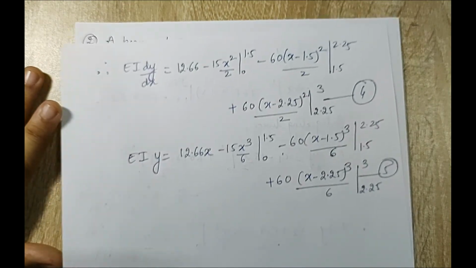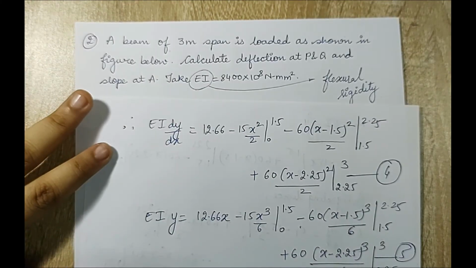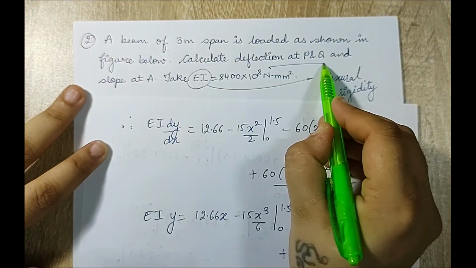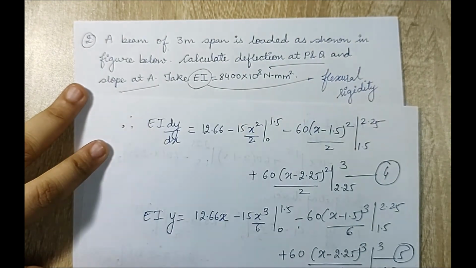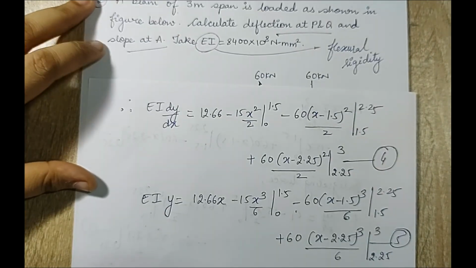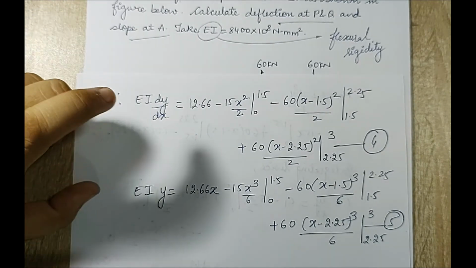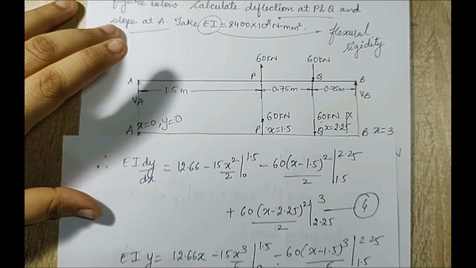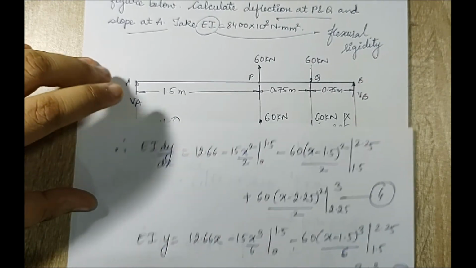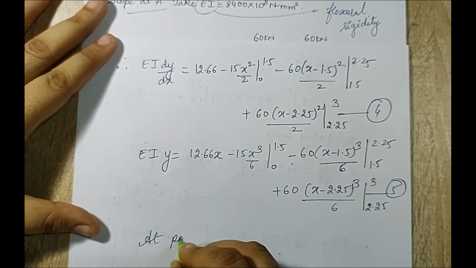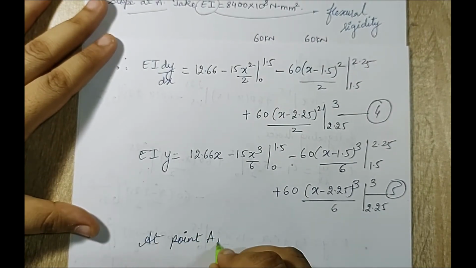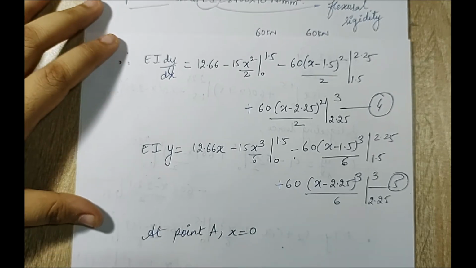Now I am told to calculate the value of deflection at P and Q and slope at A. I'll first calculate for point A because it's just one value of slope. So for calculating the slope over here, I'm going to substitute the value of x as 0. So at point A, x is equal to 0.